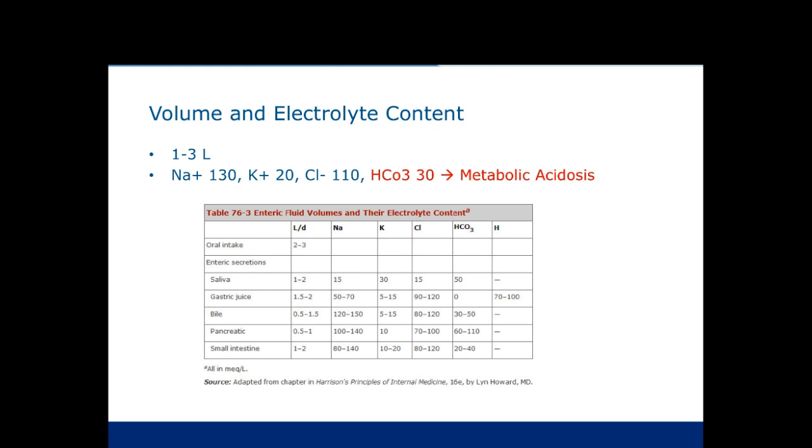So when you vomit, right, your bodily excretions go above the stomach, right? So your pH is going to go up. When you have diarrhea, your bodily excretions go below the stomach, right? So your pH is going to go down. So this could help you to figure it out. So if you vomit, your pH is going to be alkalotic, right? It's going to go up. You have diarrhea, you secrete a lot of bicarb, so you can have metabolic acidosis. Good, pH is going down.